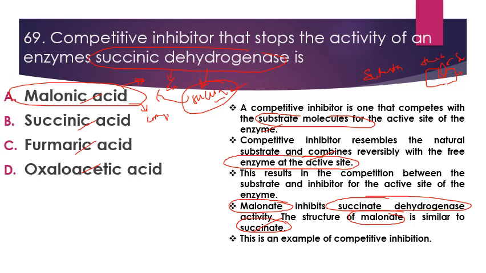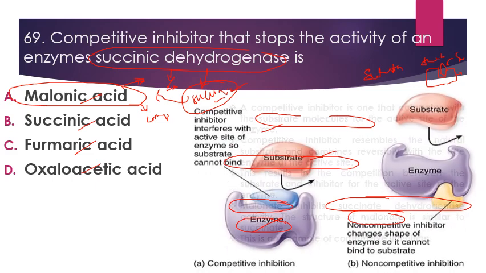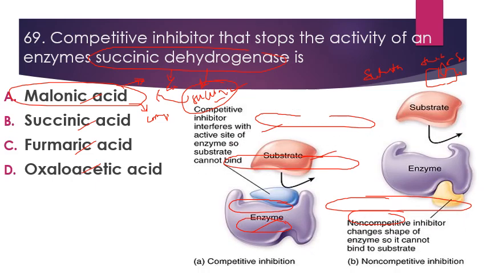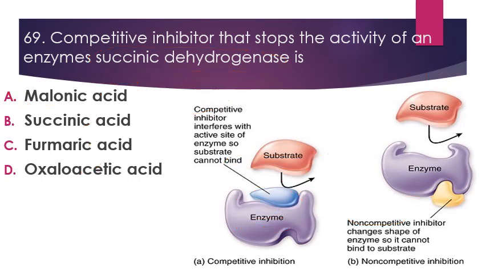So this enzyme is unable to convert succinic acid into product, and this is an example of competitive inhibition. In competitive inhibition, the active sites of enzymes are occupied by the competitive inhibitor, which is similar to substrate, and substrate is unable to bind on the active sites and enzyme is unable to convert substrate into products. So that is called competitive inhibition.